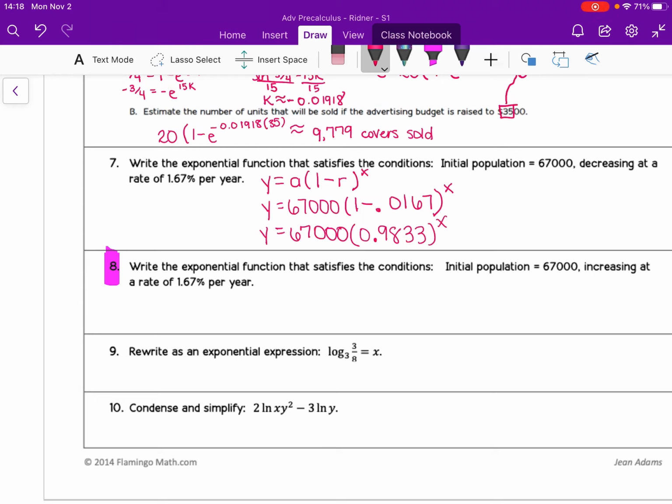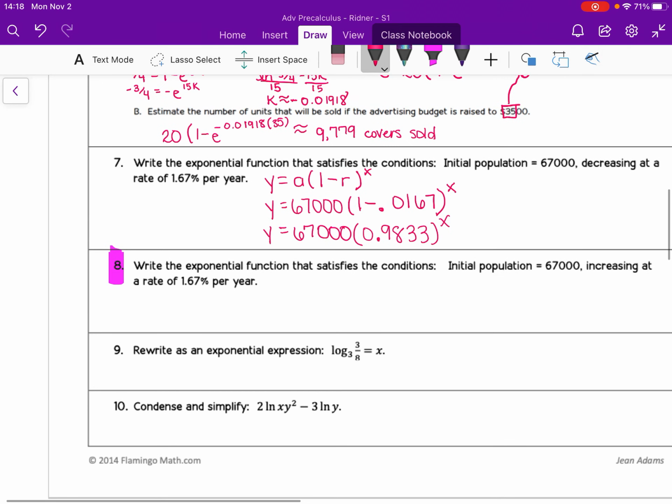Okay, so increasing is going to be the exact same way. The only difference is it's increasing instead of decreasing, so it's going to be plus instead of minus. Again, it's important that you make that a decimal.